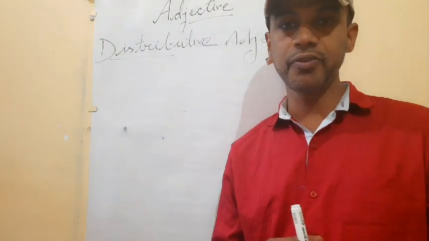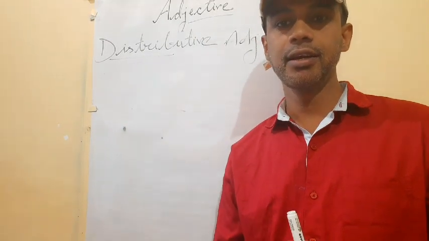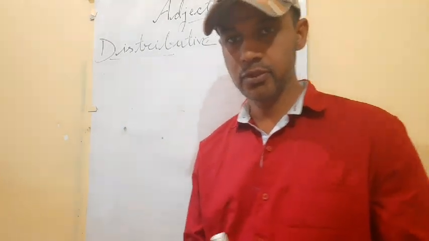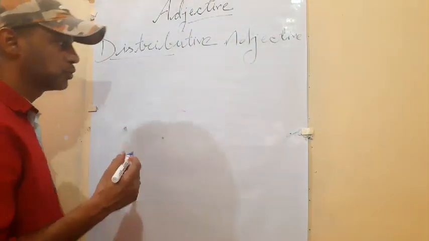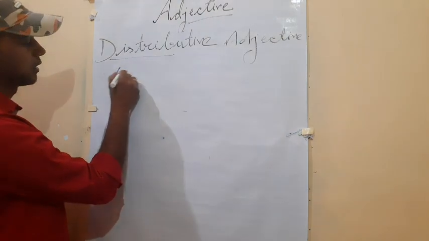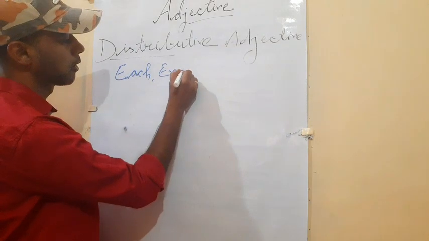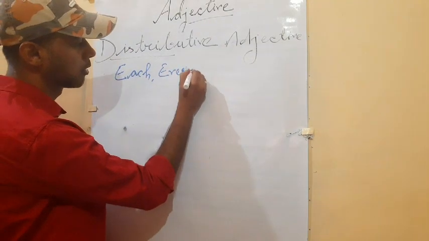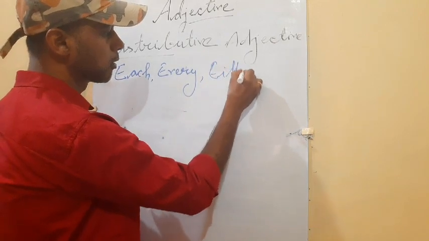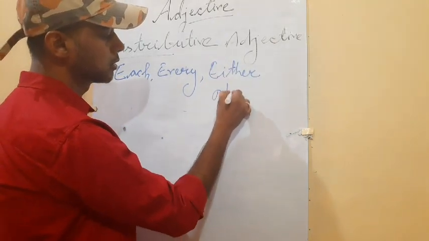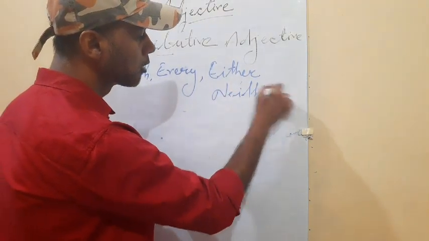Here the difference you find is that after each, every, either, neither, you will have to write a noun quickly. So first, the words which come in a distributive adjective, I am writing here: each, every, either, neither.